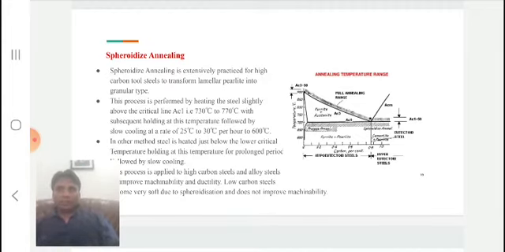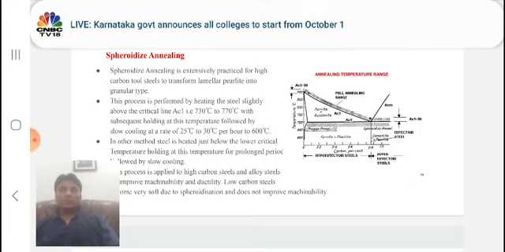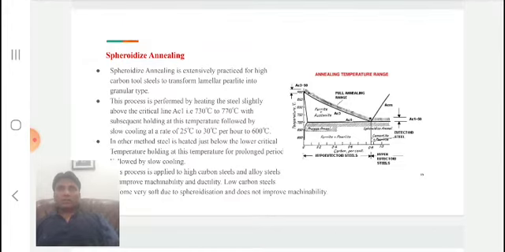In the other method, steel is heated just below the lower critical temperature, holding at this temperature for a prolonged period, followed by slow cooling. So spheroidized annealing can be done in 2 methods.